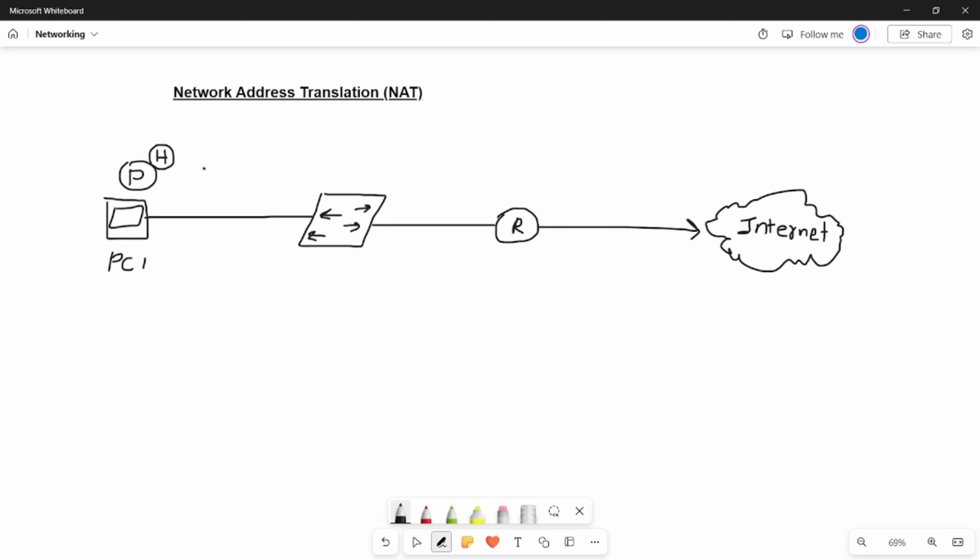Likewise, many details are included in this header from the different layers of the ISO model. So imagine the IP address of this PC is 192.168.1.1.